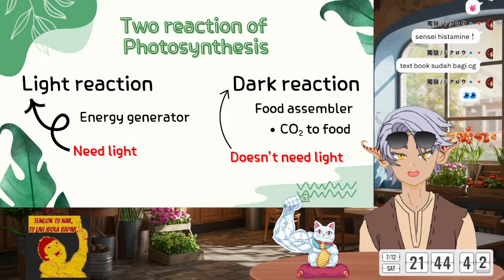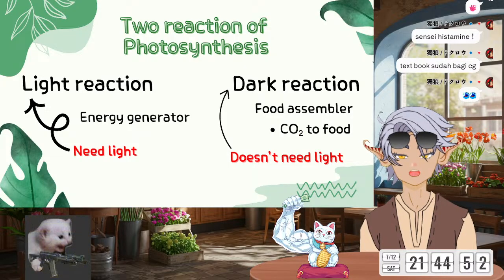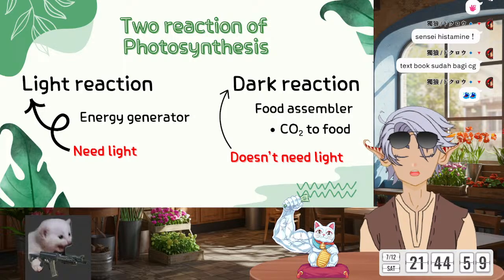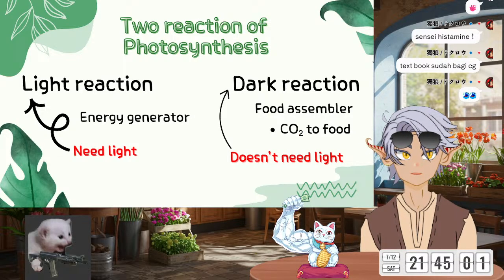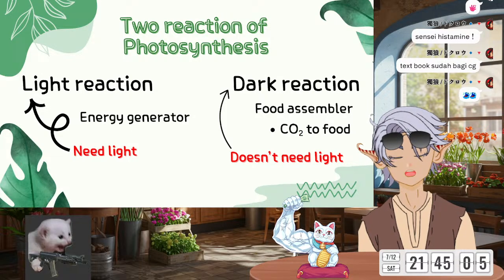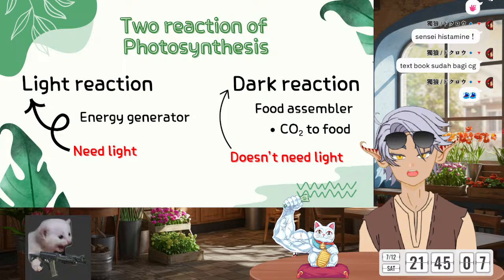Screw textbook. Okay, so dark reaction. Another name is light independent reaction, which does not need light, and this is the process where the food is made, where the plant makes their food.